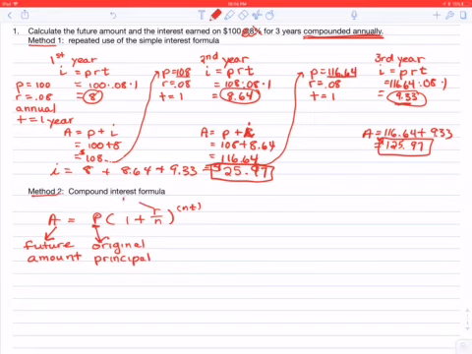The R, we know, well, that's the rate, annual unless we're told otherwise. T, we know that that's the time, and that the time has to be expressed in the same units as the rate. What's new here is N. N is the number of compounding periods per year.